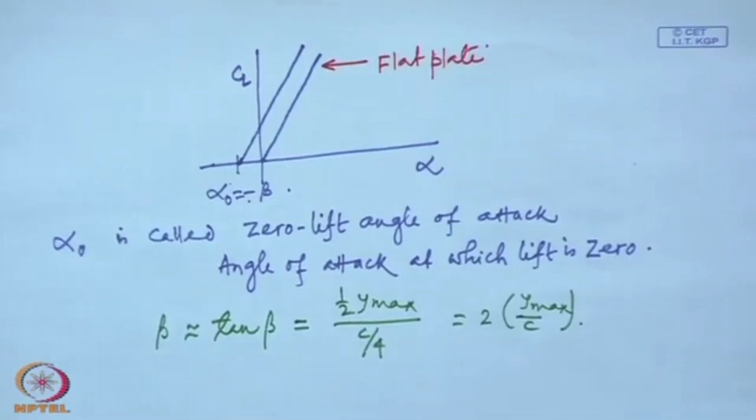Now, this circular arc, we can also think of simply as the representation of the camber line of a cambered airfoil. In that case, what is y max by c? It is what we call the maximum camber, usually expressed in percentage.